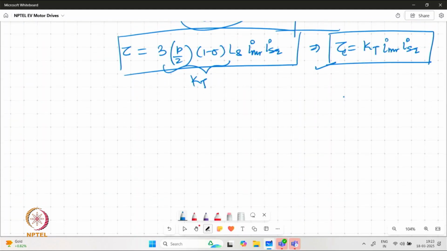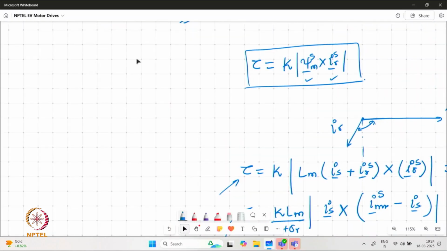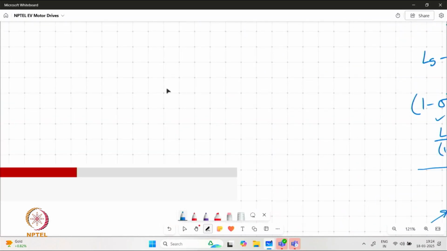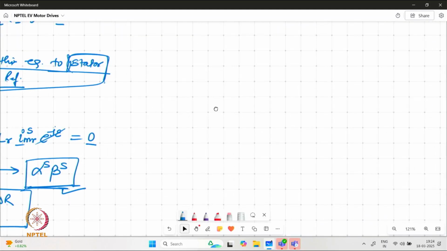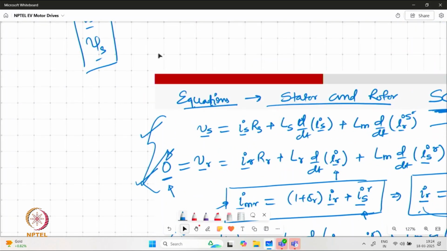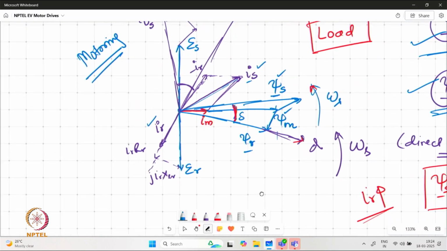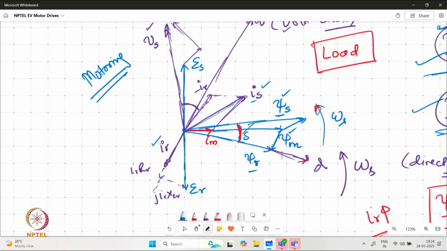It should be noted that it does not restrict us from representing torque as a product of any two vector quantities. For example, as a cross product of psi s and psi r, what we have seen in our phasor diagram for the motoring mode. We have defined that the angle between the rotor and stator flux can be called as load angle.